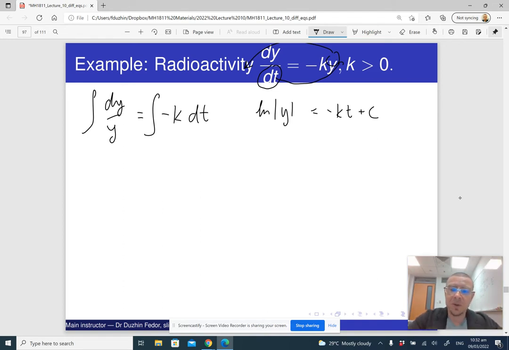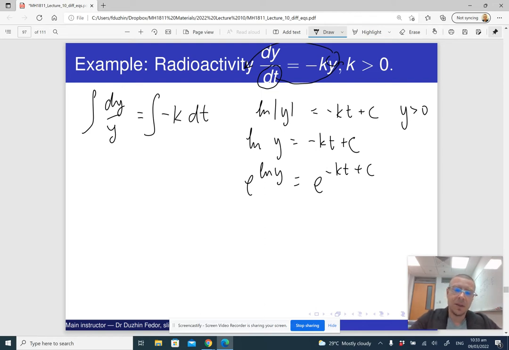Which means that we can just assume that y is positive, and in that case we get that ln y is minus kt plus constant, and then applying the exponential function, we get e to the ln y is e to the minus kt plus constant, right? And e to the ln y is just y, so y equals e to some constant times e to the minus kt.